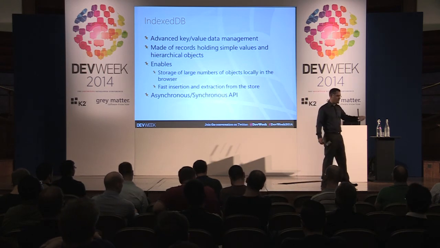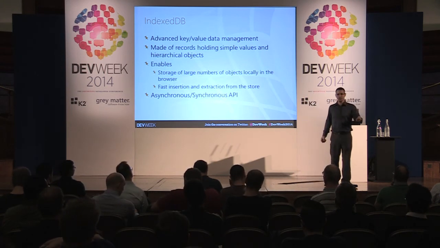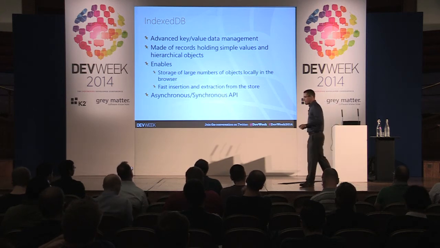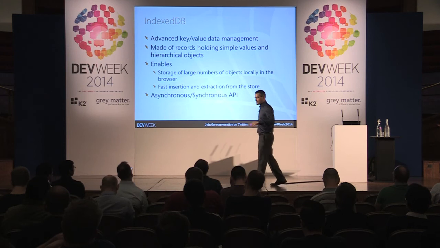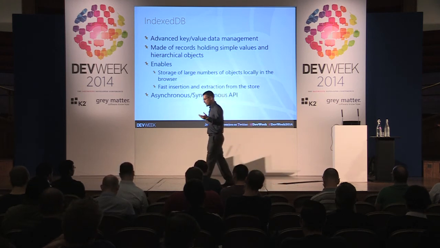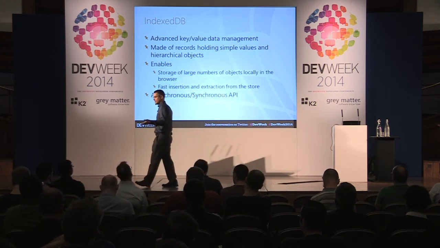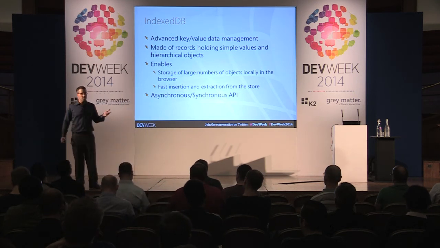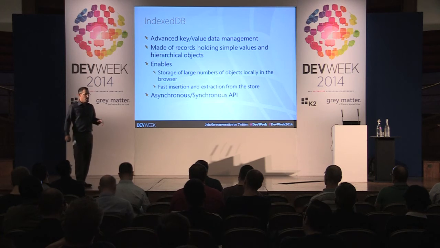You need to create a transaction against an object store. An object store is like a table inside of IndexedDB. And using that transaction, you can search things in the database. You can put items in the database, and so on.